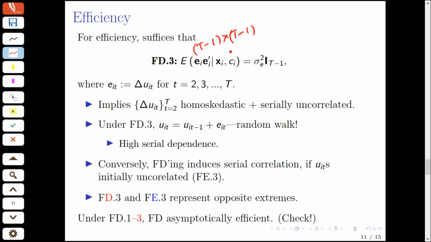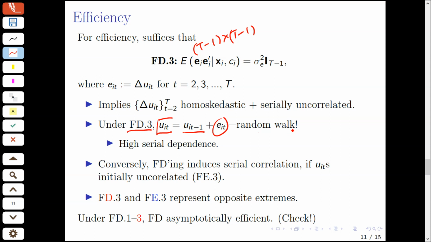Now one may show that, just from definition of the eit's, under the third first difference assumption, we can write uit as the lag of uit plus a term which is homoscedastic and serially uncorrelated. That means that uit follows what's known as a random walk. And random walks are known to exhibit a high degree of serial dependence, that is, dependence over time.